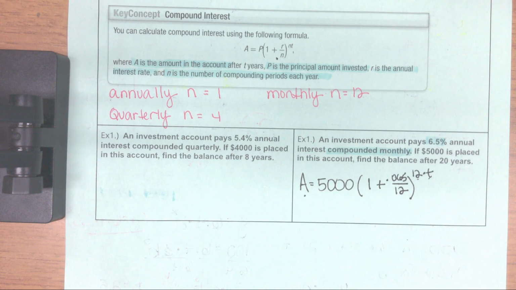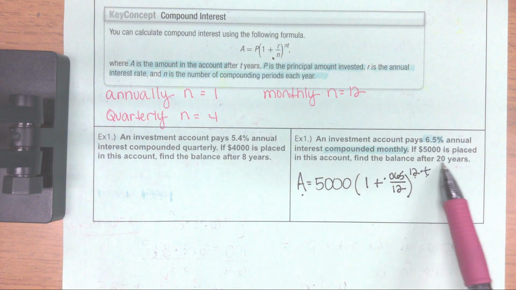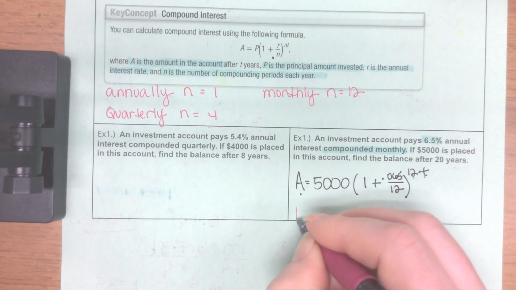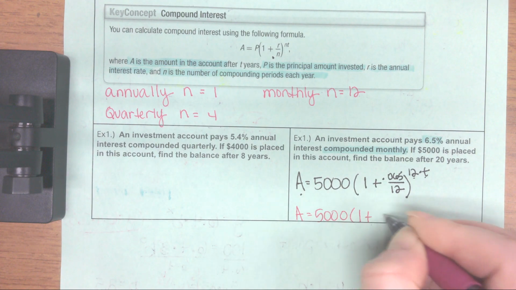So that would be your equation. And really, I'll either ask you to write an equation or I'll ask you to find the amount in a certain amount of time. So this one, I ask for after 20 years. So that's what I'm going to put in for my time. And then I'm going to just see what my calculator tells me about that.